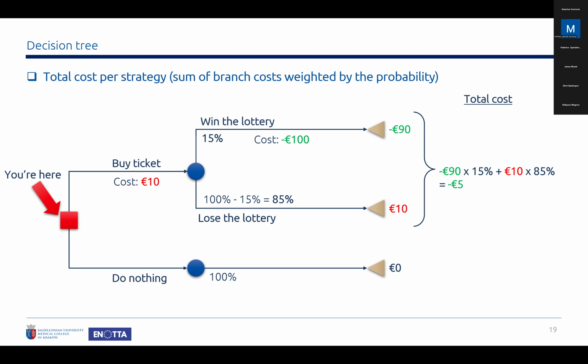So we have the winning branch occurring with the probability of 15% and the losing branch occurring with the probability of 85%. So the weighted expected total cost of the buy ticket strategy is minus 5 euros. The do nothing strategy will give us 0 euros and takes from us 0 euros. So the total expected cost for this strategy will be 0.